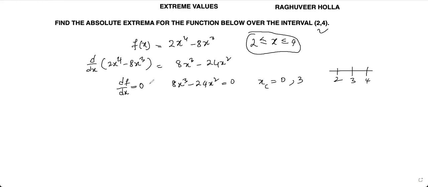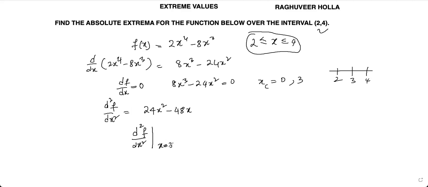Now let us take the second derivative with respect to x. So that is d square f by dx square, which will be 24x square minus 48x. Again, let us substitute for x as 3.